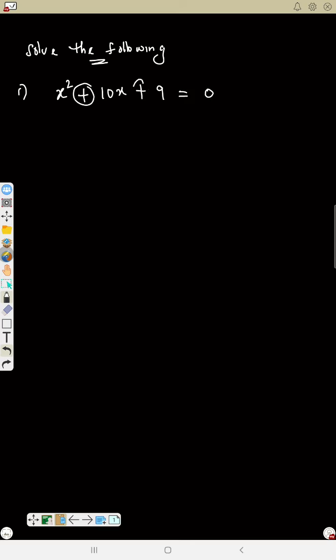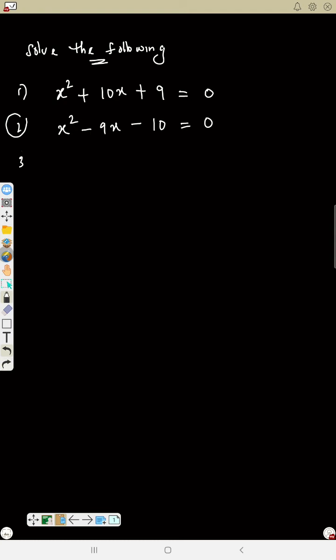We solved questions where the signs are plus plus, so try that one. 2. x squared minus 10x plus 9. Let me reverse it. Let me say x squared minus 9x minus 10 equals 0. So we've solved the one with minus minus also.